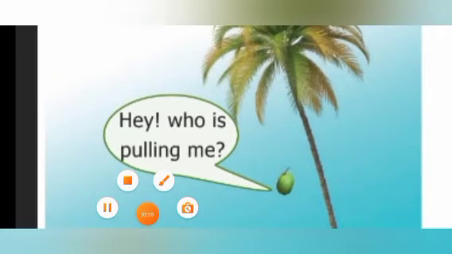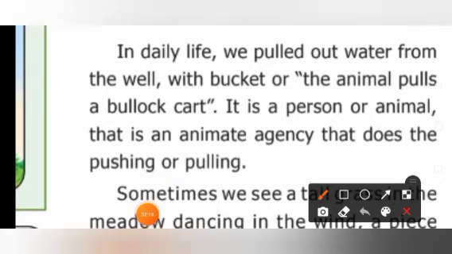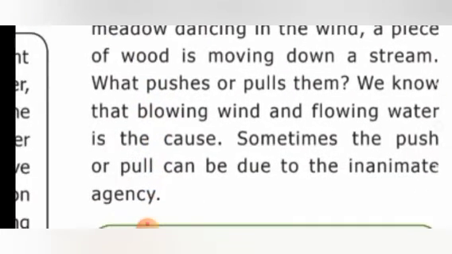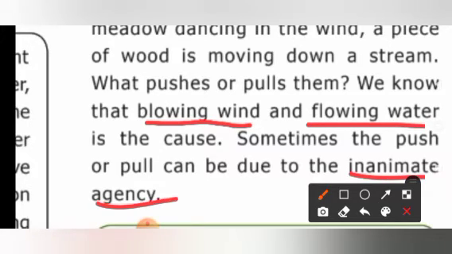So, if the push or pull is caused by human beings or animals, we call it animate agency. Either by person or animal, we call it animate agency. If the push or pull is caused by non-living things, for example, blowing wind or flowing water, we call it inanimate agencies.